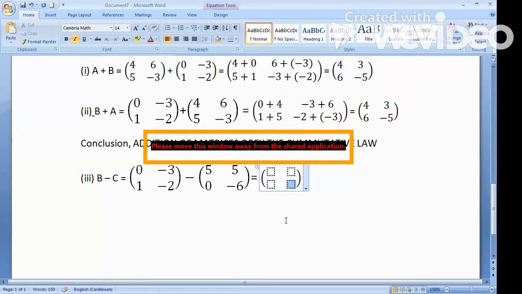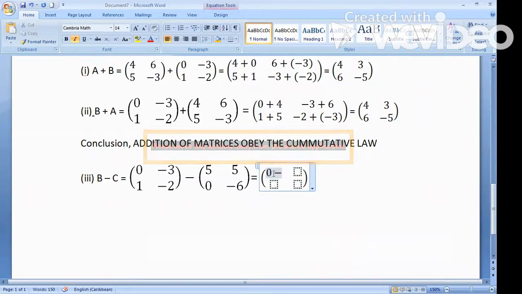All right, so we're going to set this out, not true? So 0 subtract 5.